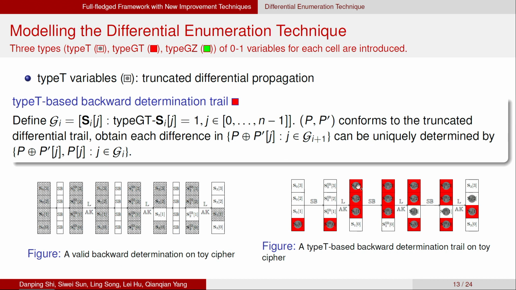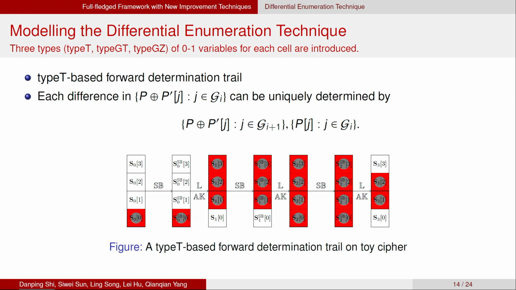For example, the difference at these three bytes should be affected by all input bytes, but in the truncated differential tree, the difference at the three bytes is inactive, so only type GT at S00 equals 1. A type T-based forward determination tree is also presented in the opposite direction.